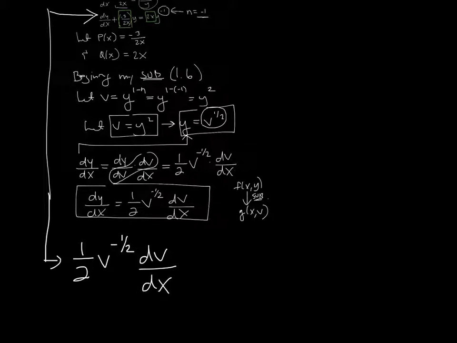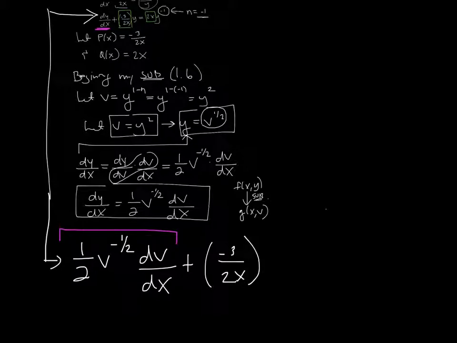And again, let's use some colors here. Okay, let's do pink. So that's my dy/dx. And I have plus negative 3/2 over x times y. Well, we know what y is, it's right here: y is v to the 1/2. That's my y.